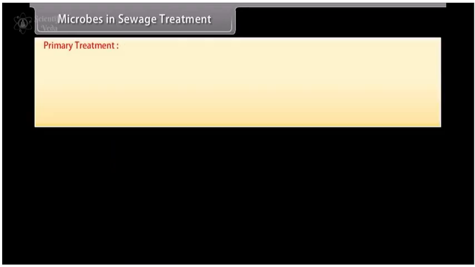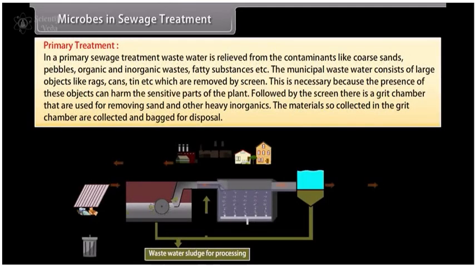Primary treatment. In primary sewage treatment, wastewater is relieved from contaminants like coarse sands, pebbles, organic and inorganic wastes, fatty substances, etc. The municipal waste consists of large objects like rags, cans, tin, etc., which are removed by a screen.